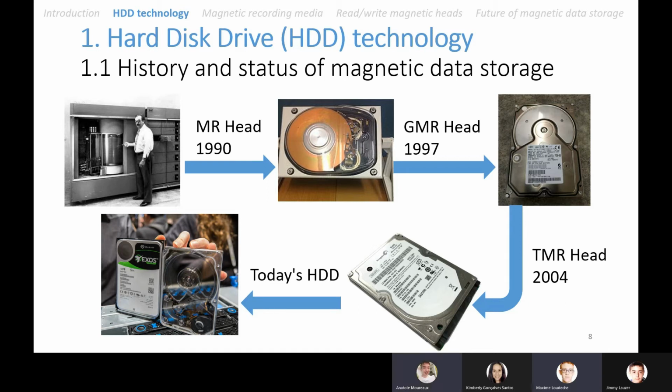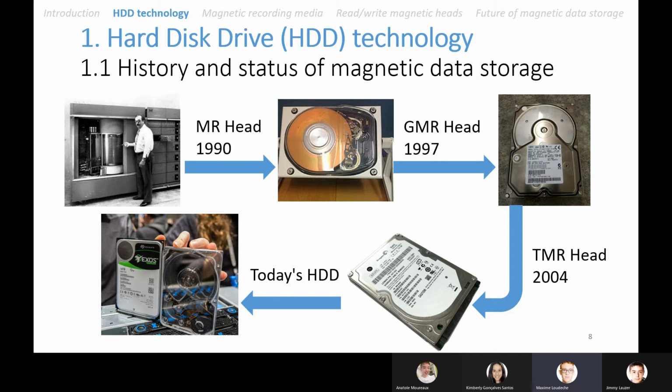It's the IBM 9335, which had a capacity of 850 megabytes. Then in 1997, with the discovery of the giant magnetoresistive effect, a big democratization of the HDD happened. In fact, it was a lot easier than before to create an HDD, and it was also a lot smaller.